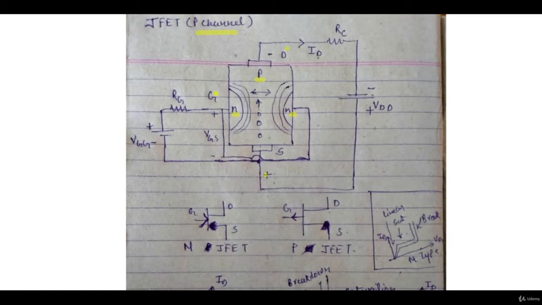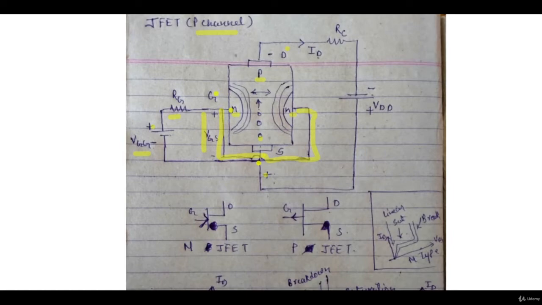Now a resistance is there, VGG you are applying, VGS you are applying between this point and this point. And this G is connected here to this point. So N is getting positive, P is getting negative.